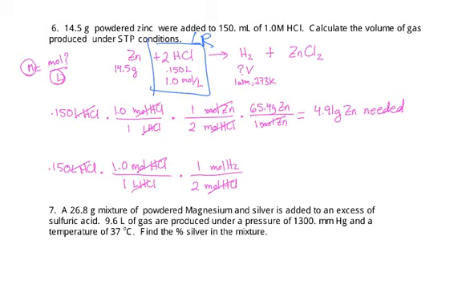Then I have two options. I think the easiest way, since this is at STP, you can say that 1 mole of your gas, 1 mole of hydrogen, is equal to 22.4 liters, since it's at STP. Or the other option was to stop right here, get the moles of hydrogen, and then plug it into PV equals nRT.